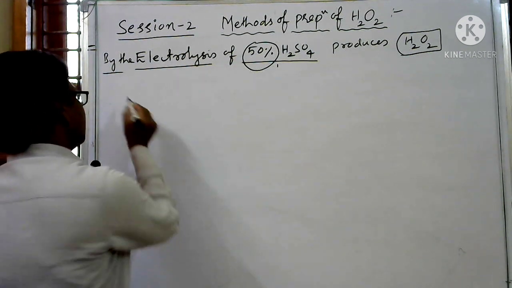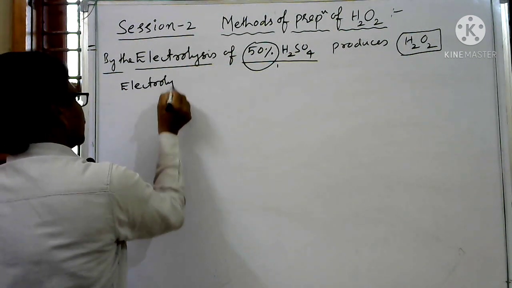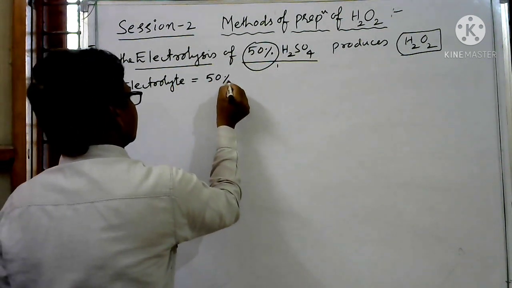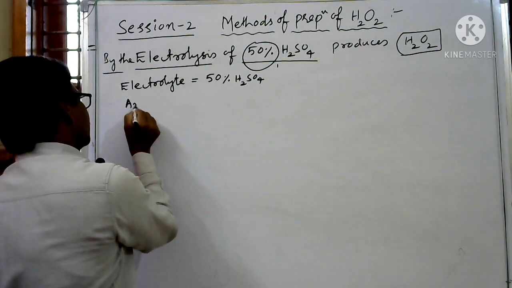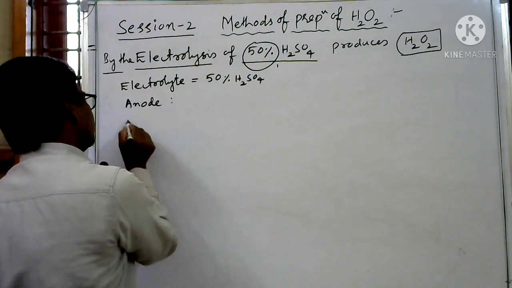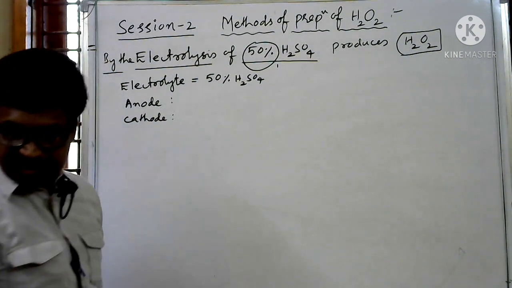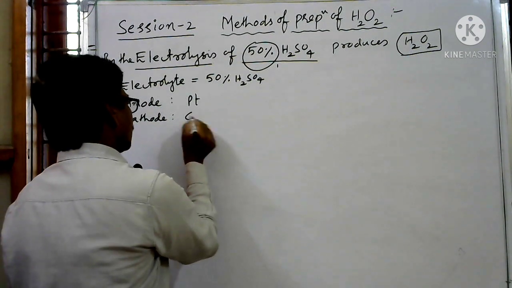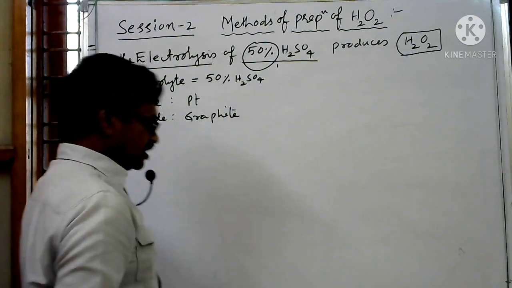First I am getting the electrolyte, which is 50% sulfuric acid. Here two electrodes we should take: one is the anode, the other is the cathode. Here the anode is platinum foil, and the cathode is graphite. So we can arrange it in this way.